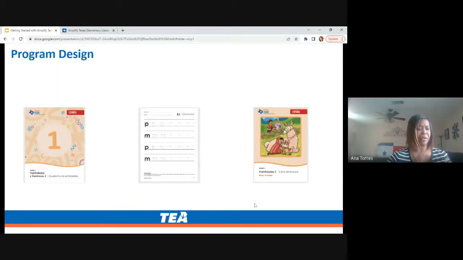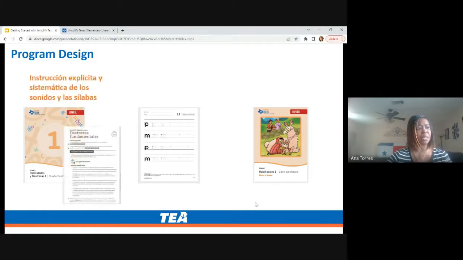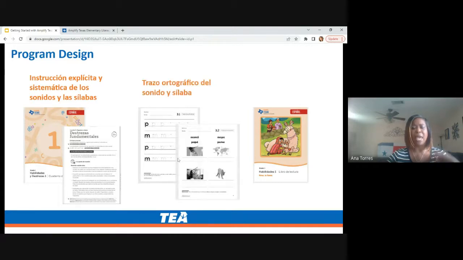So what do we have here? Continuing with our discussion of explicit and systematic instruction, we have instruction which is explicit and systematic as we introduce those sounds, vowels first, and then continuing with syllables. And moving on to spelling of that sound afterward, which supports that reciprocal process of reading text and spelling and writing.